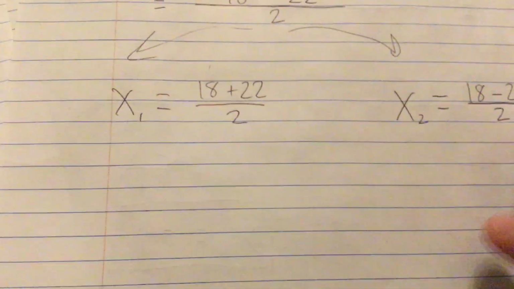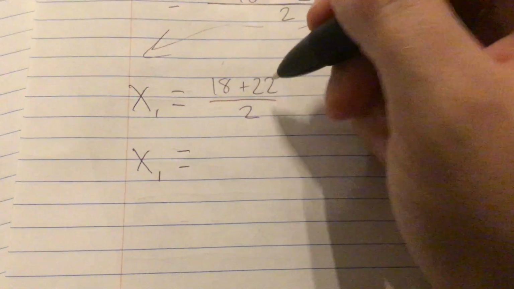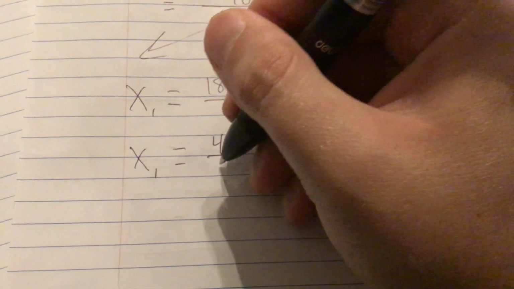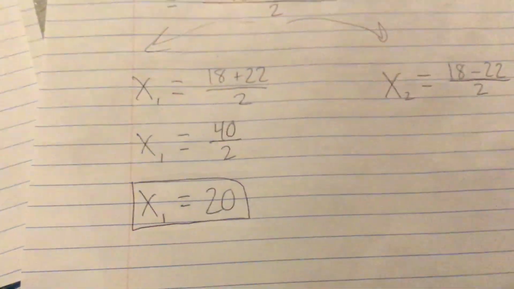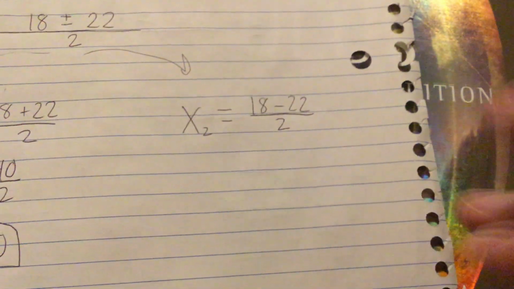Let's solve for x1. Well, x1 is equal to 18 plus 22, which is 40 over 2. Therefore, x1 is equal to 20. Hey, that was one of the solutions when we did it with factoring. Let's do the other one.